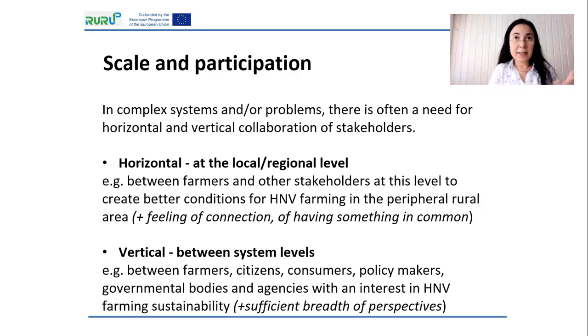And these different levels may all have certain interest in high nature value farming, for example, or the specific peripheral rural area. And the benefit of this type of collaboration and cooperation is that we have sufficient scope of different perspectives, different knowledges, experience, financial opportunities to cover the cost of the process happening.